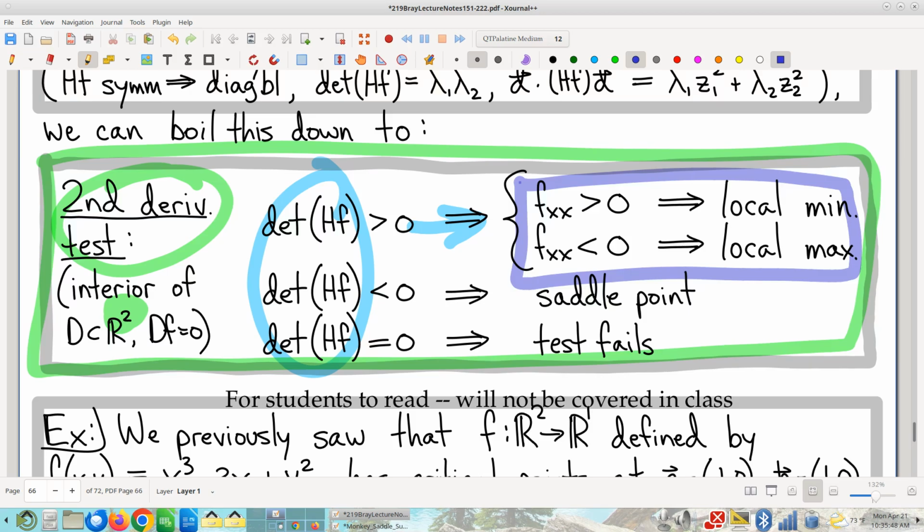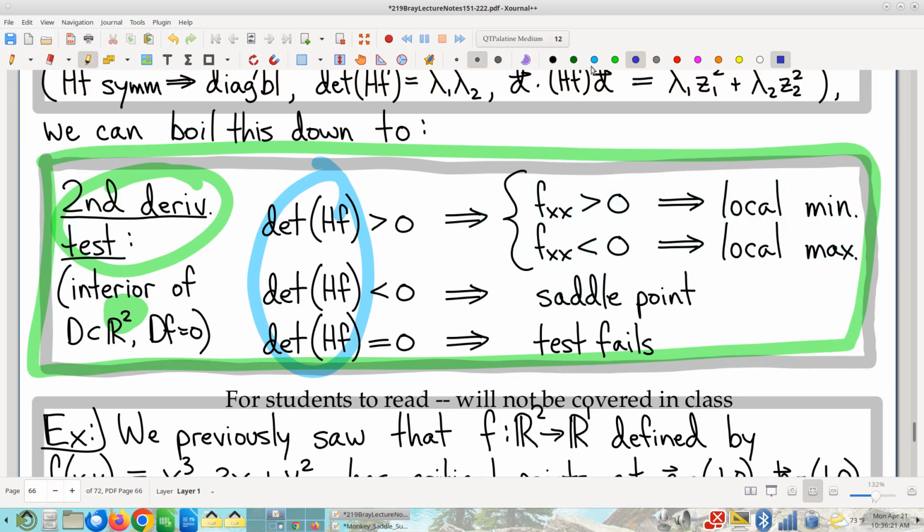You look at an individual second derivative. You can use fxx or fyy. It's got to be one of the diagonal second derivatives. It can't be a mixed second derivative. It's got to be either xx or yy. Positive implies a minimum. Negative implies a maximum, just like in single variable, right?